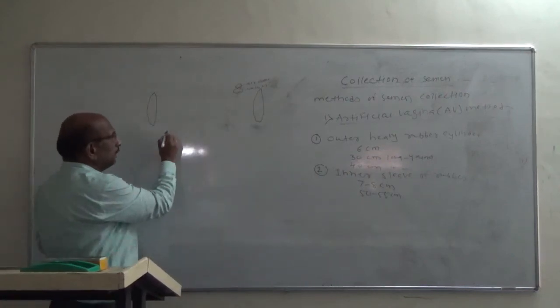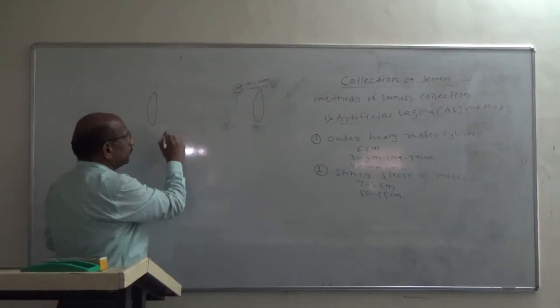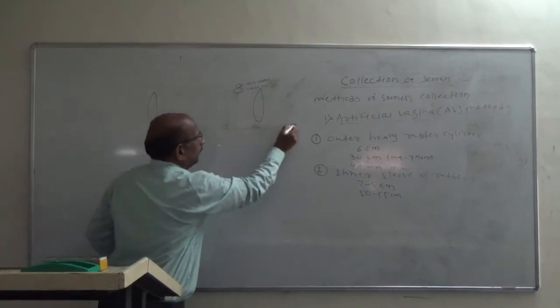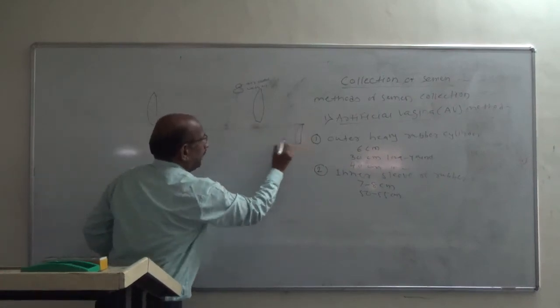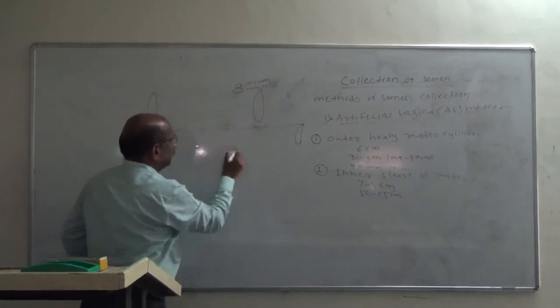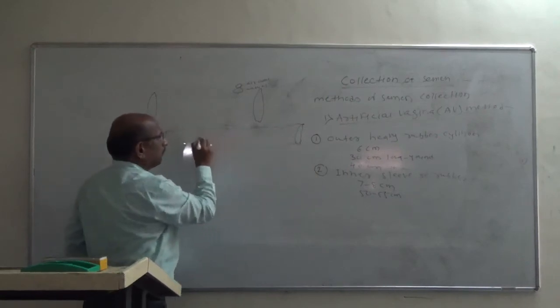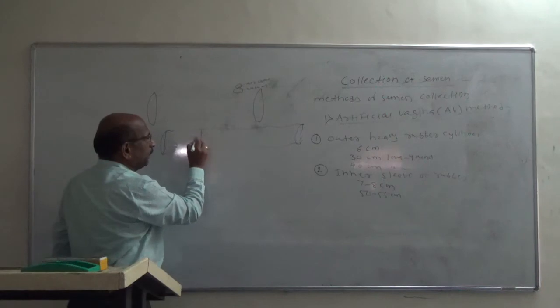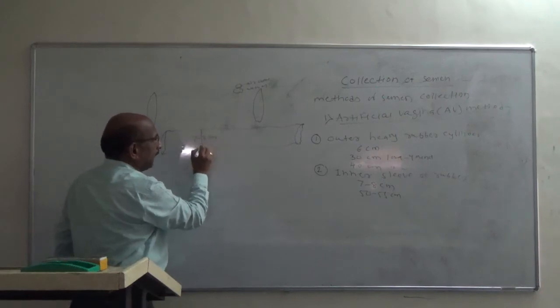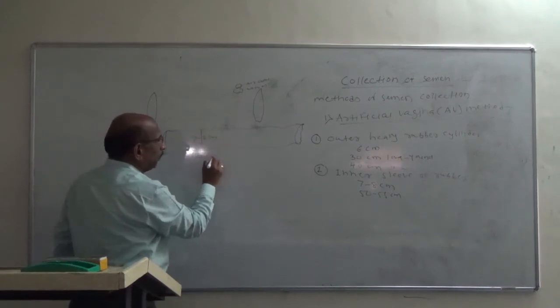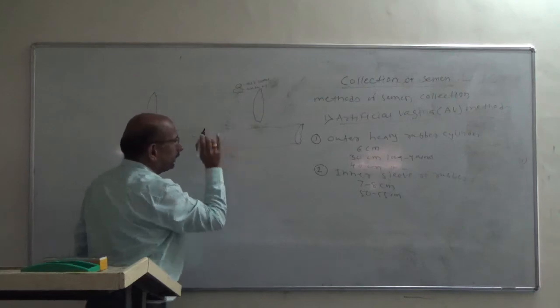Second, this is the inner sleeve of rubber, elastic in nature, 7 to 8 centimeters in diameter and 50 to 55 centimeters in length.